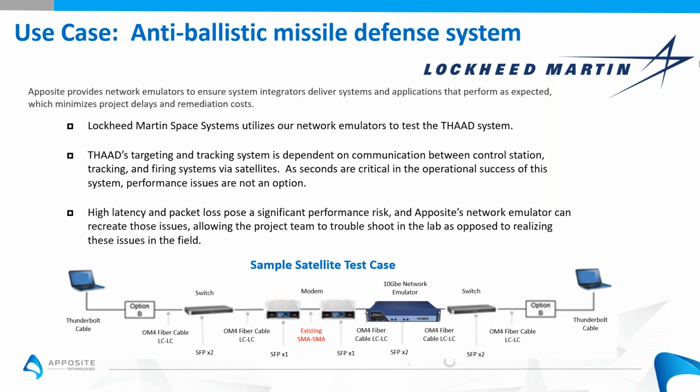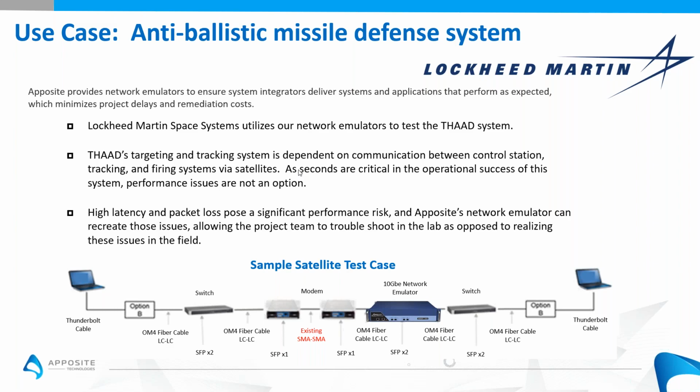Yep, all right, great. So I'm going to whip through a few different use cases. As you see here, we have Lockheed Martin and the anti-ballistic missile defense system. This is a system that uses satellites to control the missiles. Anytime you're dealing with satellite connections, you're going to be dealing with a lot of latency, a lot of loss, and a very unstable network.